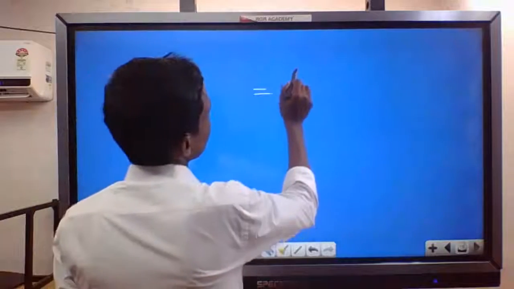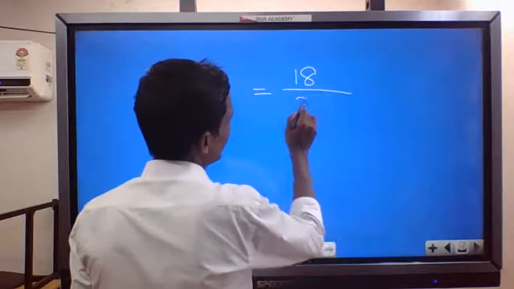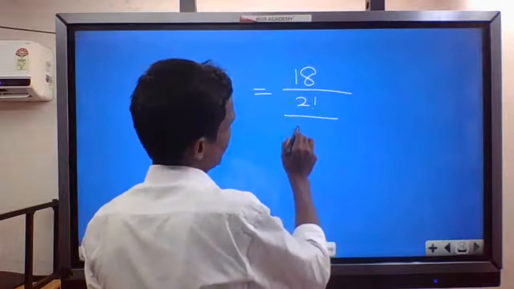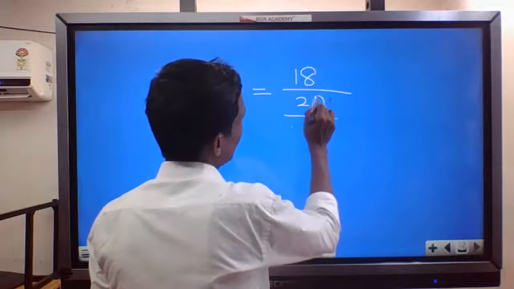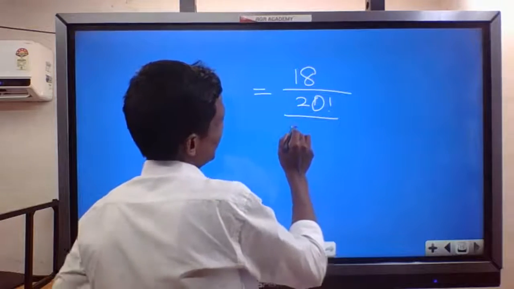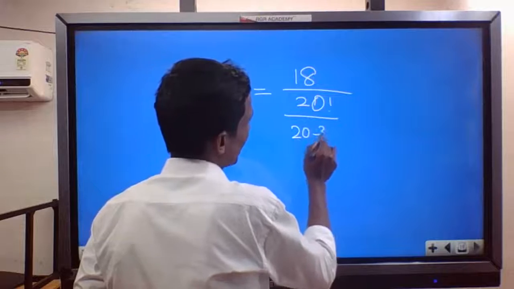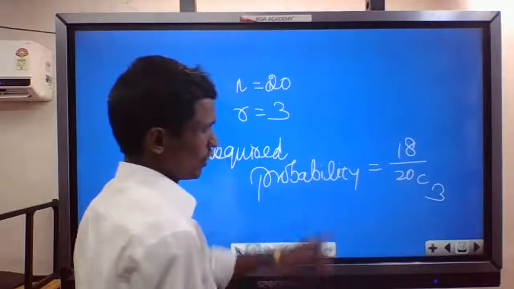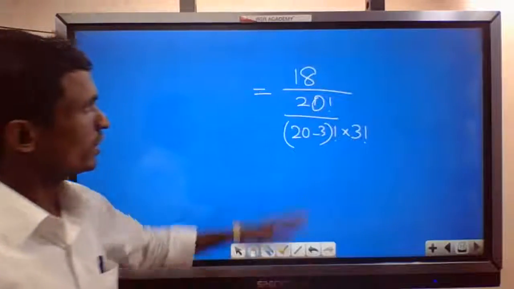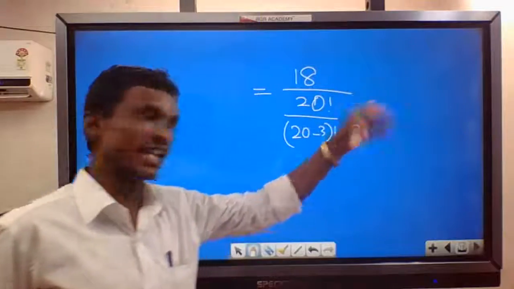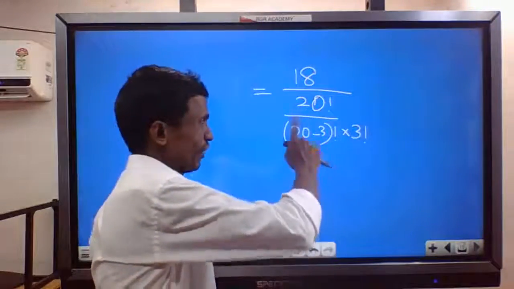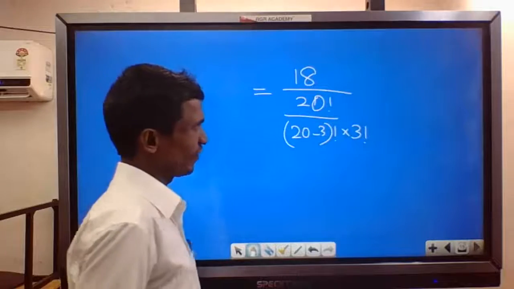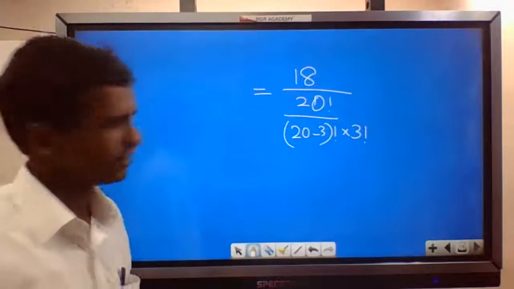Then nCr is n factorial divided by n minus r factorial into r factorial. So 18 divided by 20 factorial divided by 20 minus 3 factorial into 3 factorial.